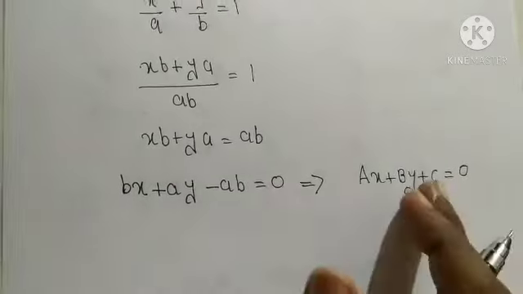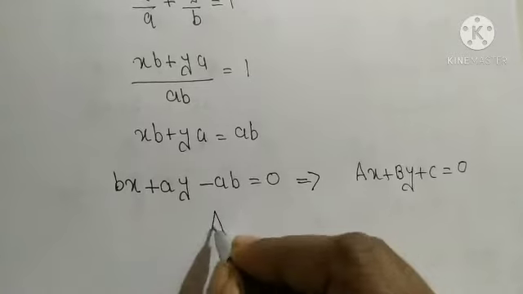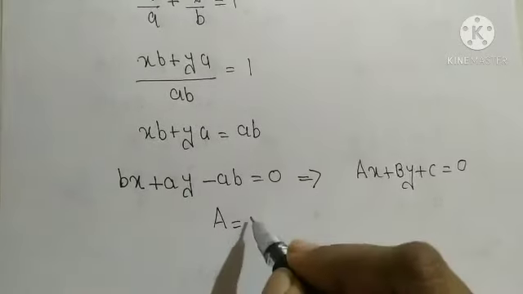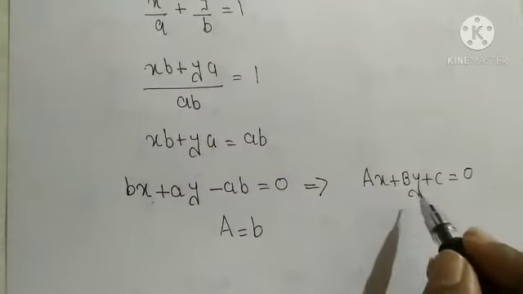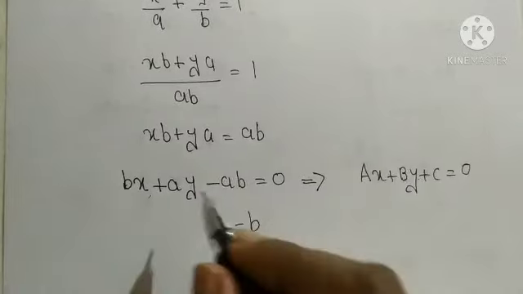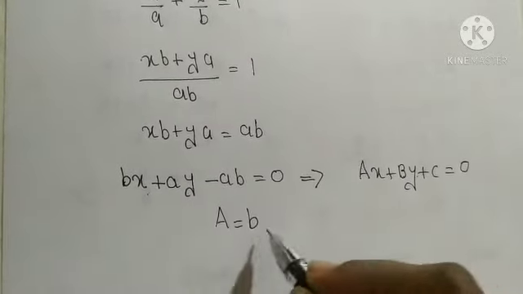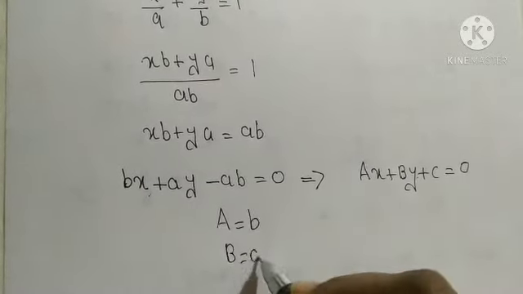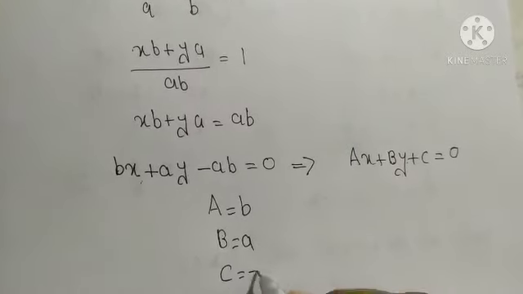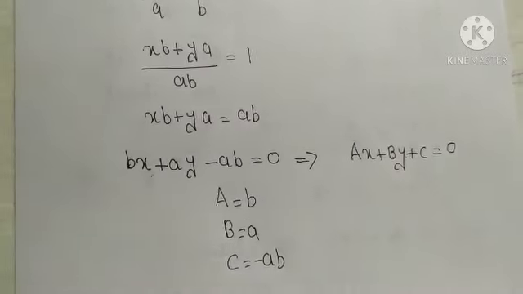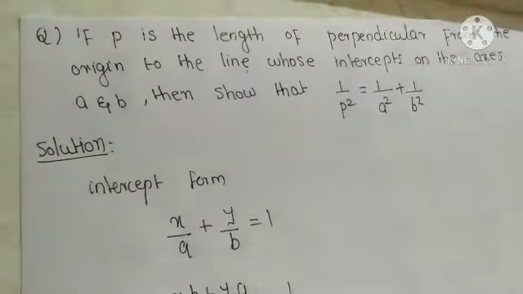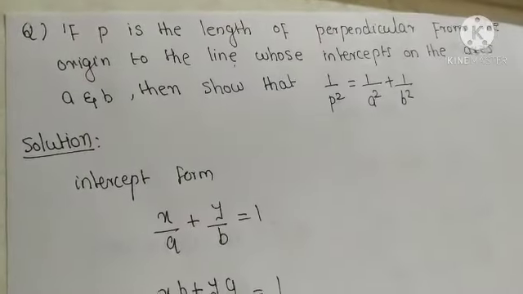Okay, comparing these two, here a is the coefficient of x, that is b here, and b is the coefficient of y, so the coefficient of y is a here, and c is minus ab here. c is the constant. Okay, and given that P is the length of perpendicular from the origin to the line.